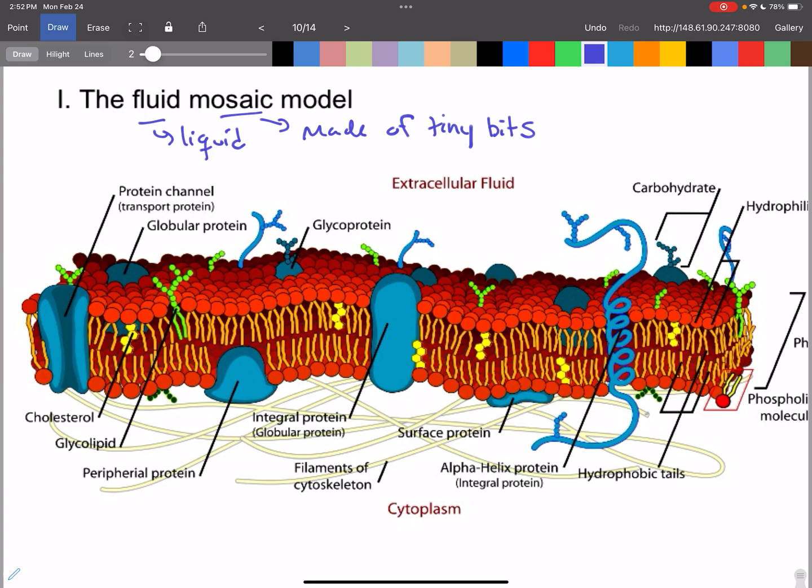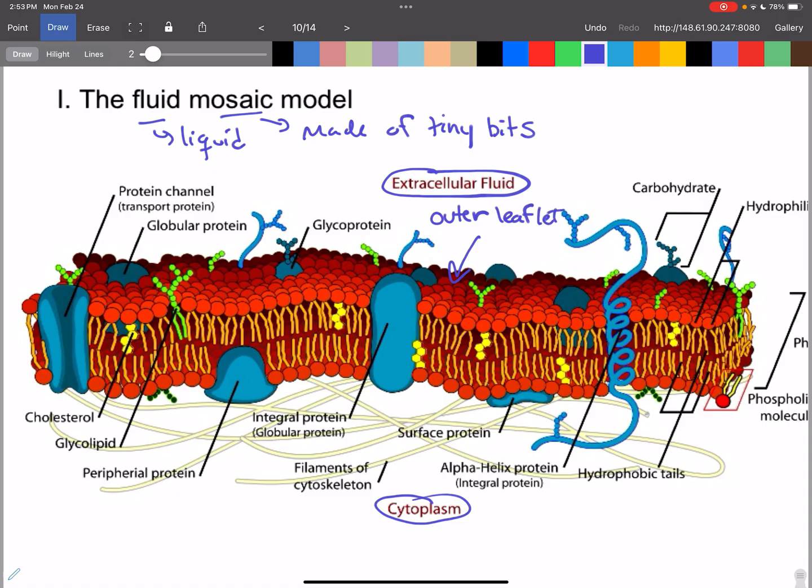So what we're saying then is the top side of this is the extracellular fluid. So we're sort of saying that this is the boundary that makes up the cell. So inside is the cytoplasm then. And the outer part of this, the side of the membrane that faces the extracellular fluid, we call the outer leaflet.